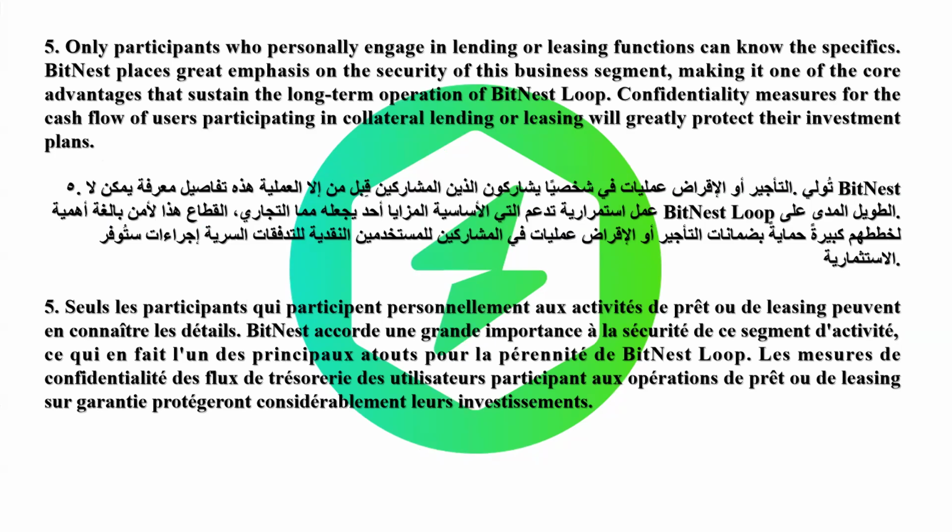So BitNest places greater emphasis on the security of these business segments, making it one of the core advantages that sustain the long-term operation of BitNest Loop. So confidently measuring the cash flow of user participation in collateral lending and leasing greatly protects their investment plan.